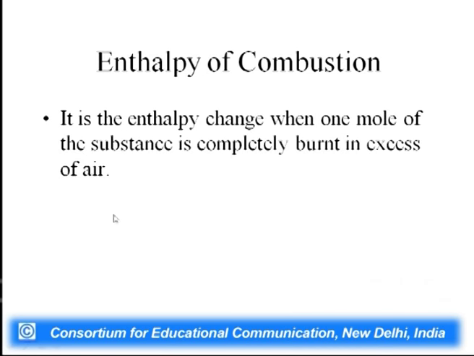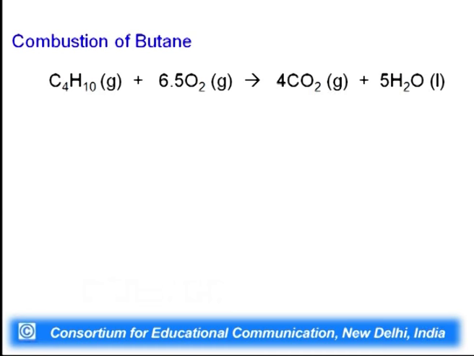What is enthalpy of combustion? It is the enthalpy change when 1 mole of a substance is completely burnt in excess of air. For example, combustion of butane is C4H10 in gaseous form, plus 6.5 O2 gas, gives you 4 CO2 gas plus 5 H2O.